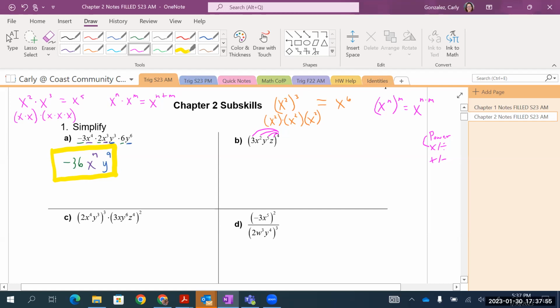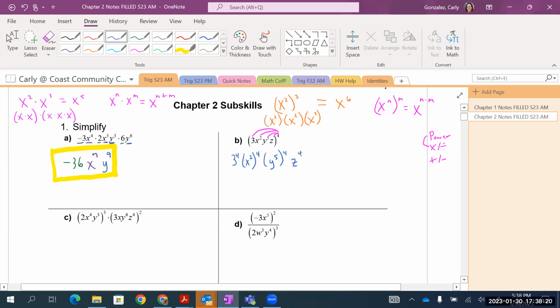First we have the regular number 3, so we're going to raise 3 to the 4th power. Next, we have this x squared, raised to the 4th power. Same with the y to the 5th, raised to the 4th power, and z to the 4th power.